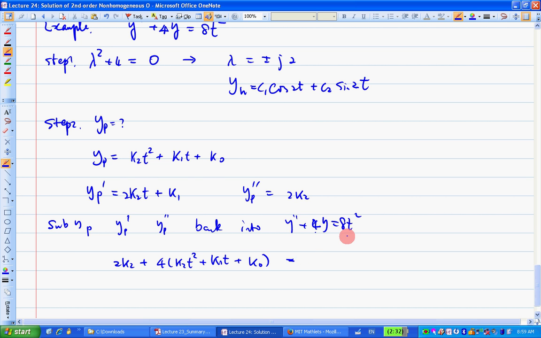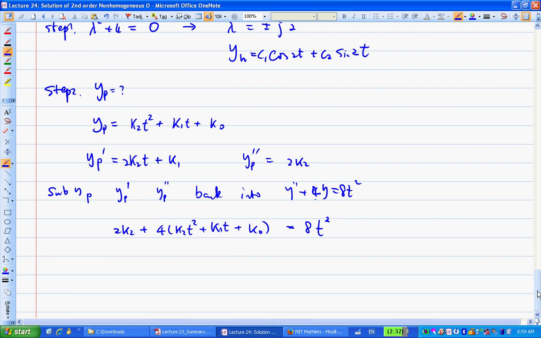Then equal to this, 8t squared. There's no plus 2, right? See, yp is this. yp prime is 2k2 t plus k1. This is gone. Then yp double prime is the derivative of this, 2k2.